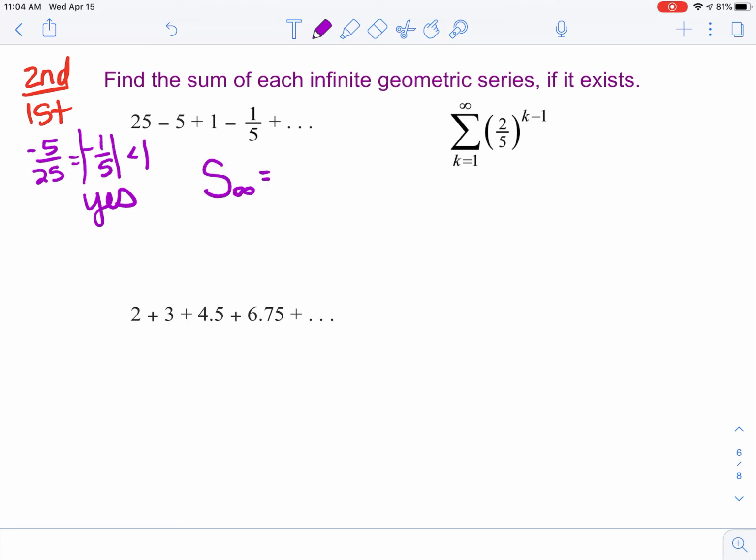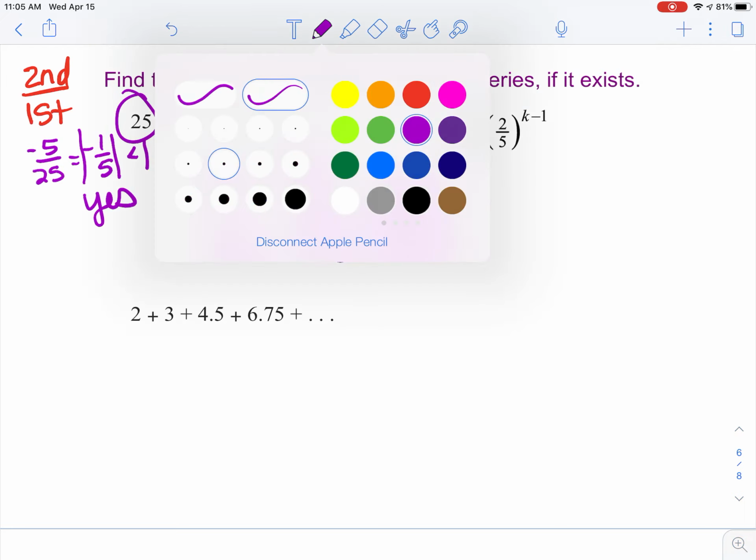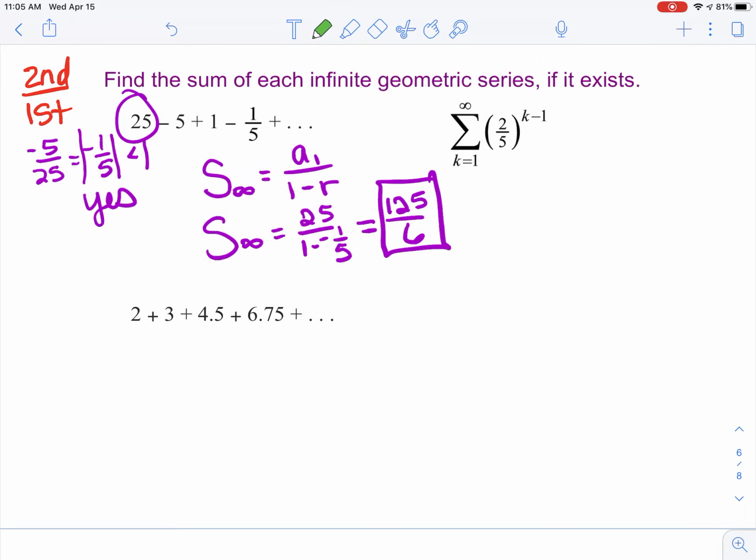The sum of infinite equals your first term over 1 minus r. So my first term is 25 over 1 minus -1/5. You put that in your calculator and you get 125 over 6, and you can just keep it like that. So it converges to that number.